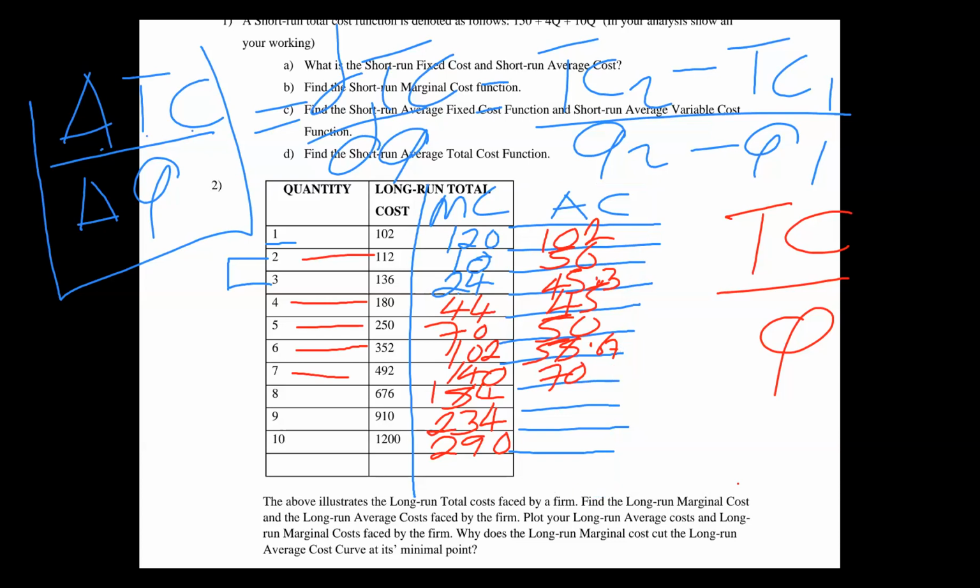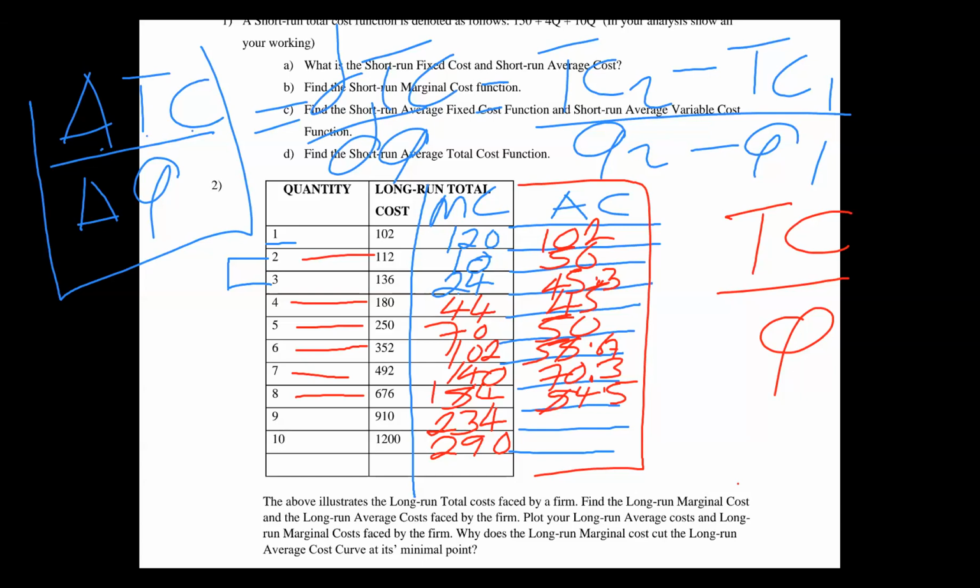Okay. What about 676 divided by 8? 84.5. Right.